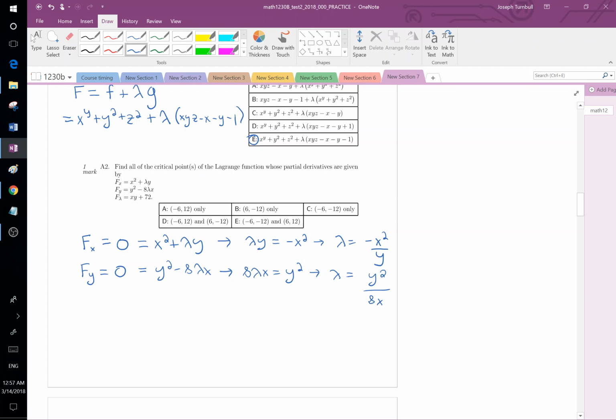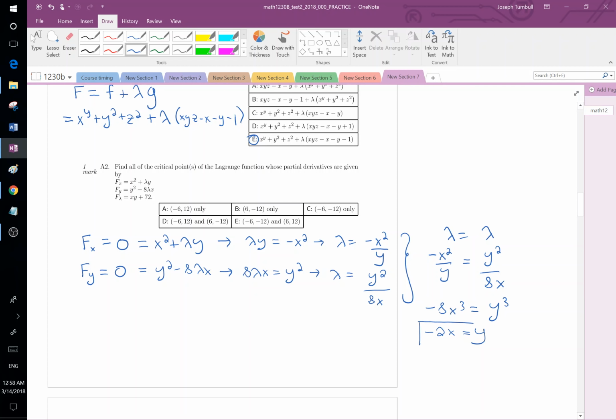Now the lambda has to be the same in both of them. So I'm going to set lambda equal to lambda. That means negative x squared over y is the same thing as y squared over 8x. Now we'll cross multiply. We have negative 8x to the 3 equals y to the 3. Then you can take the cube root of both sides. Cube root of negative 8 is negative 2. Cube root of x to the 3 is x. Cube root of y to the 3 is y.